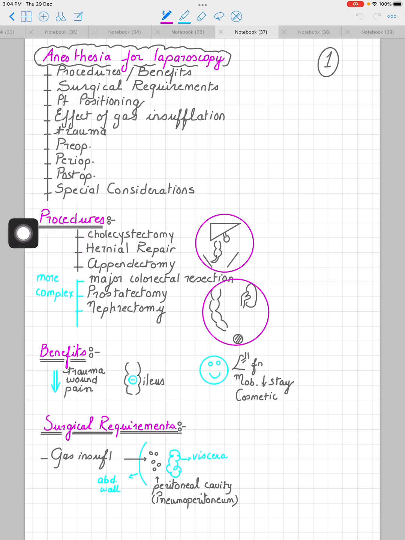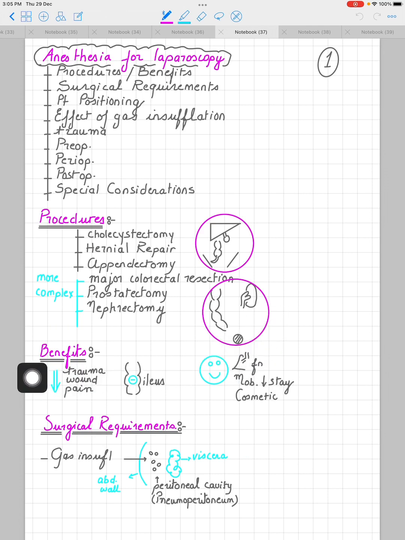Let's start with the procedures done with laparoscopy. Laparoscopic surgery is well established for a range of procedures, including cholecystectomy, hernia repair, and appendectomy. It is increasingly used for more complex procedures, including major colorectal resection, prostatectomy, and nephrectomy.